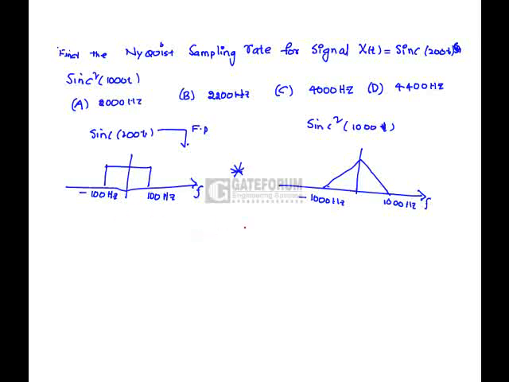That means the lower limits are added together and the upper limits are added together. So the maximum frequency content in the convolved signal is nothing but 1100 Hz. So the Nyquist rate for this particular maximum frequency is twice f max, that is 2200 Hz. Hence option B is correct.